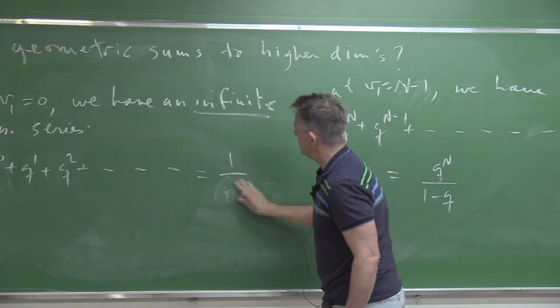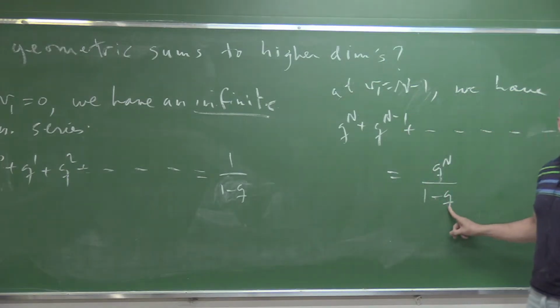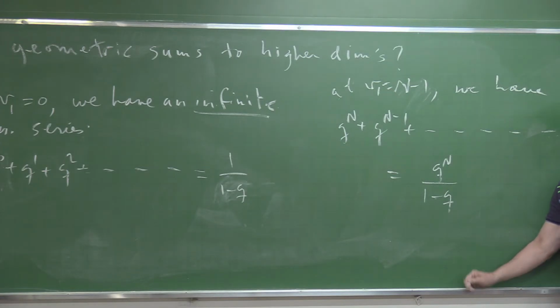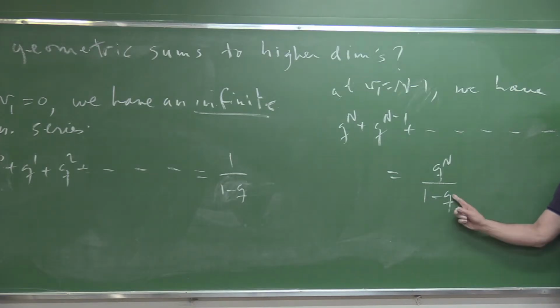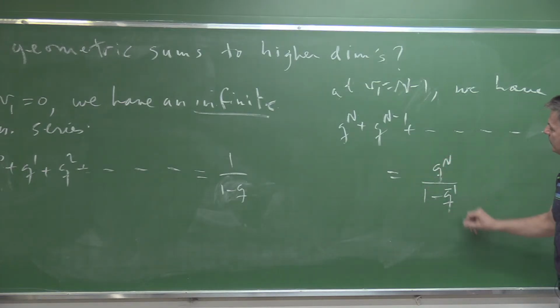Whoops, sorry. Is this 1 minus q? Almost, not quite. Okay, now we have to wake up. Coffee. So this is not q here, it's q inverse, because you're descending to negative infinity. You're multiplying by 1 over q. So it's q inverse.